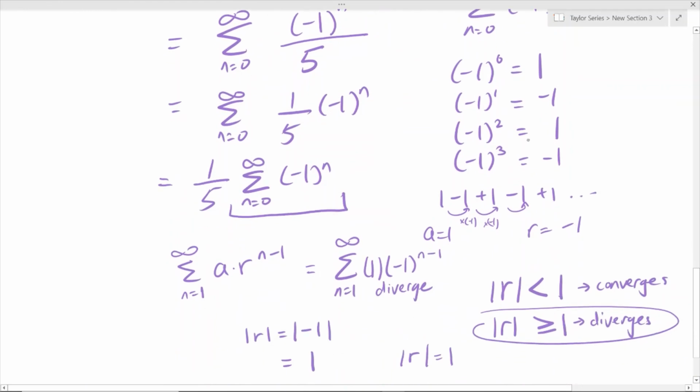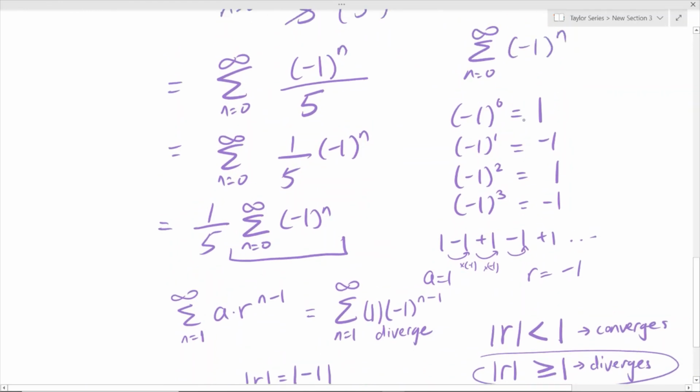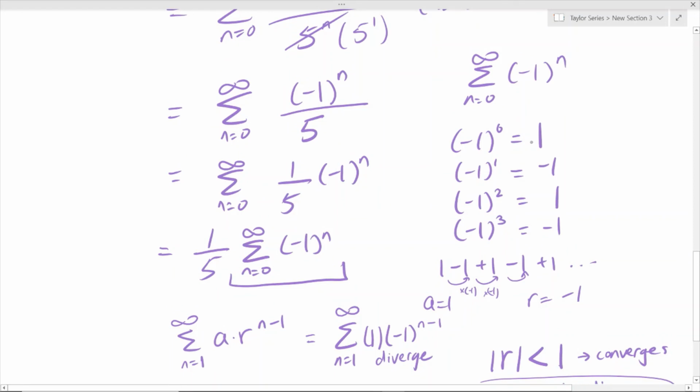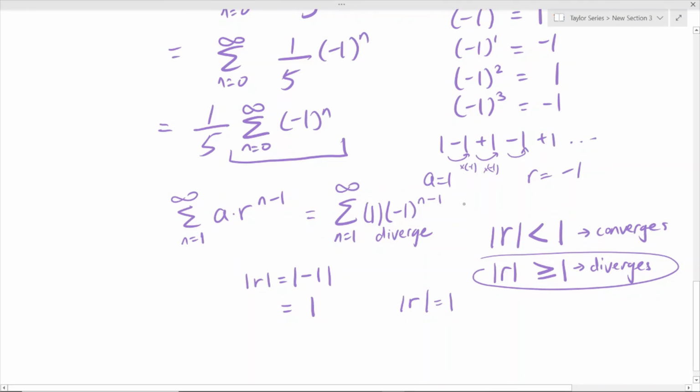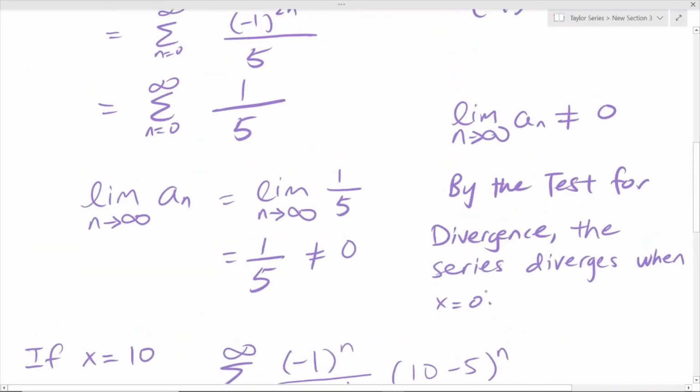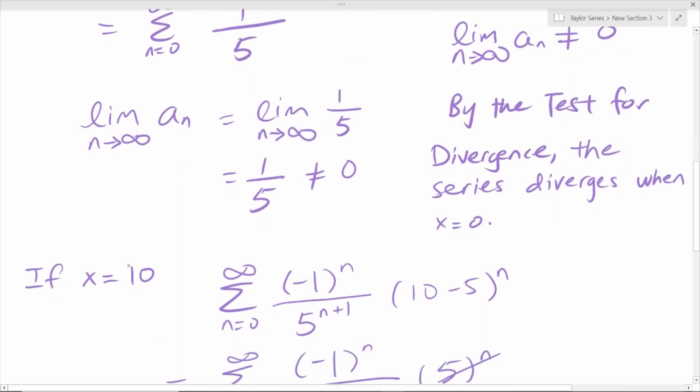Exact same series, because we wrote out the terms for this one, and from here we took this part and made it into a geometric series format. And so we know the absolute value of r is equal to 1, and since that is the case, this series diverges, and hence when x equals 10, we plug in 10 here.